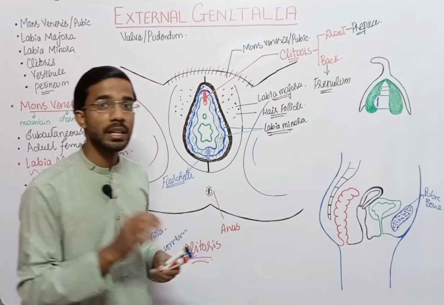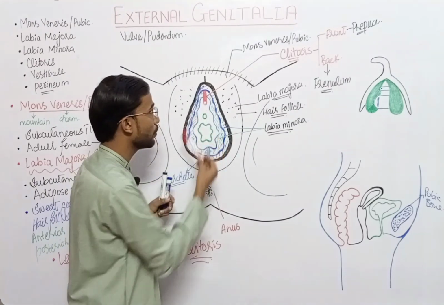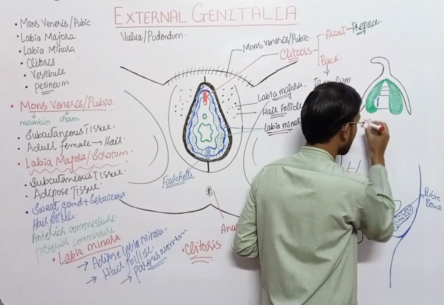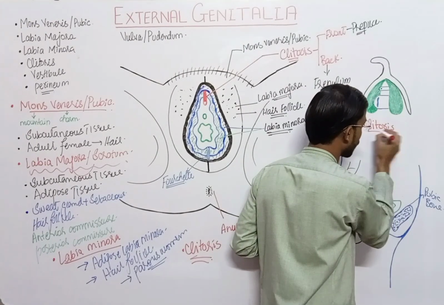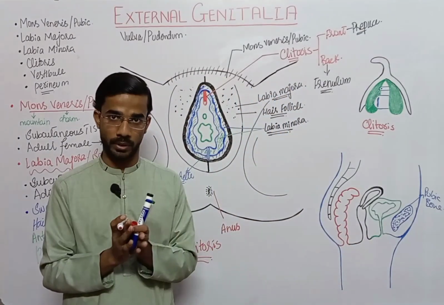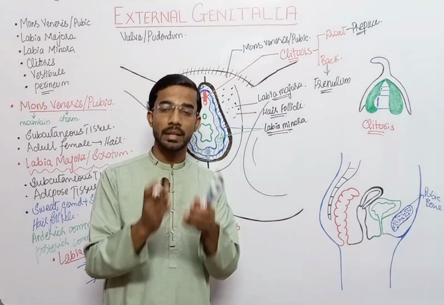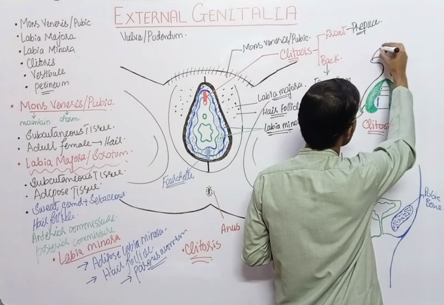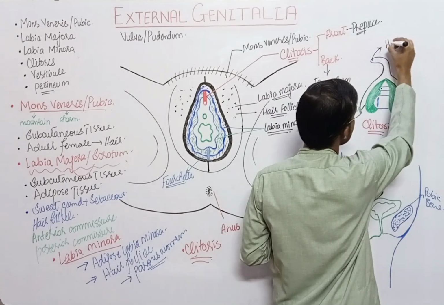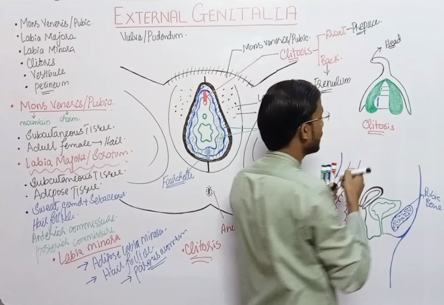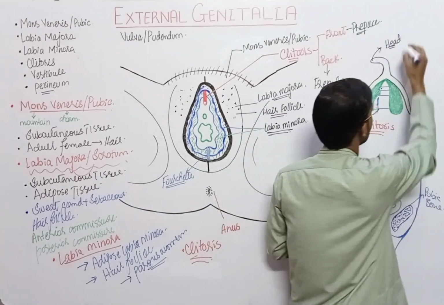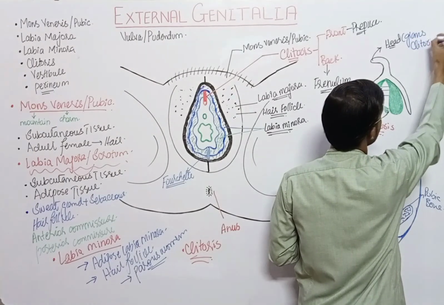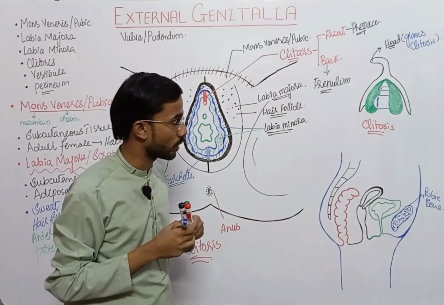Now if we see the detailed structure, this is the posterior side which is visible outside, but the actual structure is the clitoris. The clitoris has three basic components: head, neck area and tail. The head area is prominent outside, and it is also called the glans clitoris.